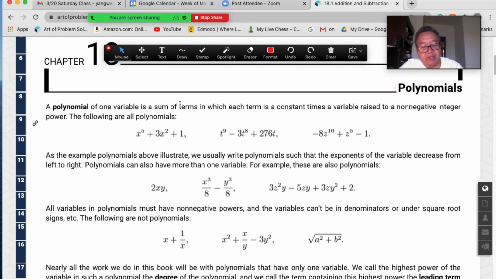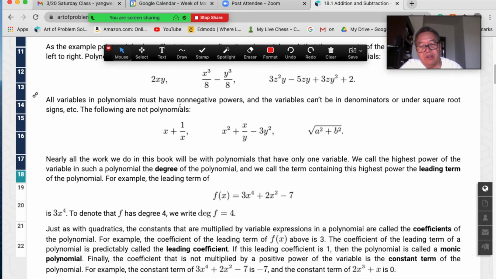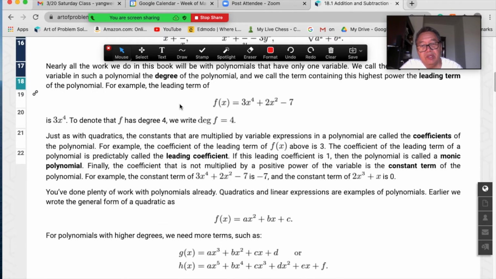Now let's see the coefficient in the leading term, which we call the leading coefficient. You can say 3x power 4. This degree is 4, the highest in this polynomial. Then 3x power 4 is the leading term. Then this 3 we call the leading coefficient. The leading coefficient is 3.